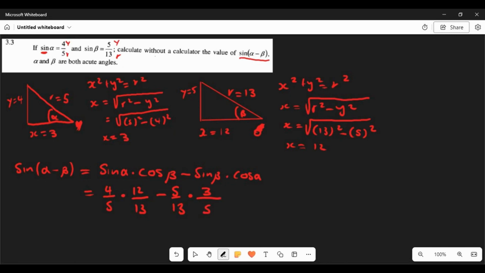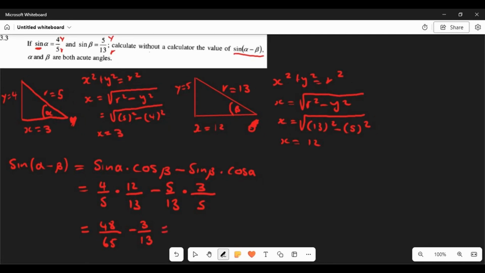So from here, you just multiply this. When you multiply this, you're going to have 48 over 65 minus, here this is going to be 3 over 13. There we go. So from here, guys, you continue, get your answer, which is going to be 33 over 65.